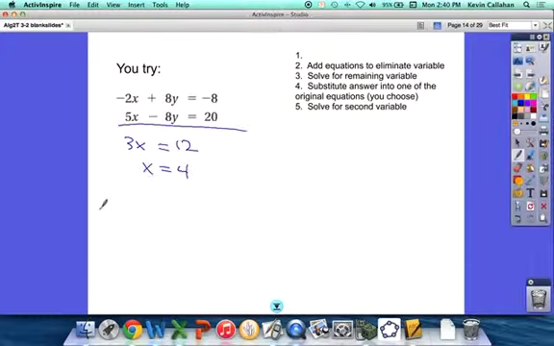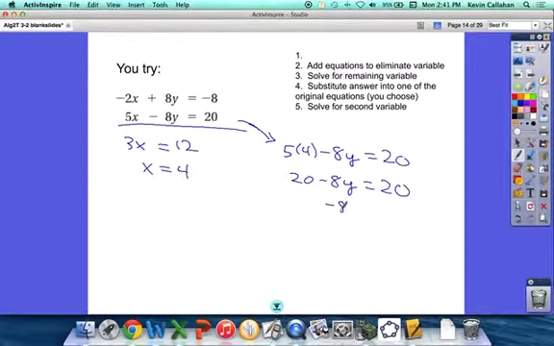It doesn't matter, right? So this one will go 5 times 4 minus 8y equals 20. 20 minus 8y equals 20. Negative 8y equals 0. Y equals 0. So there's your point.